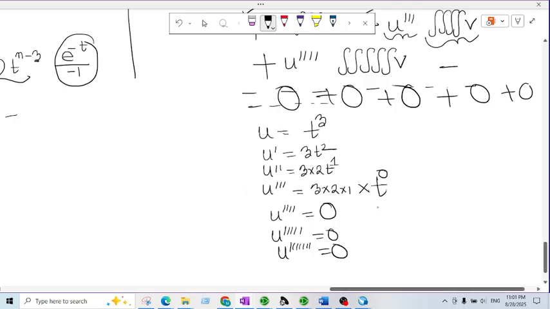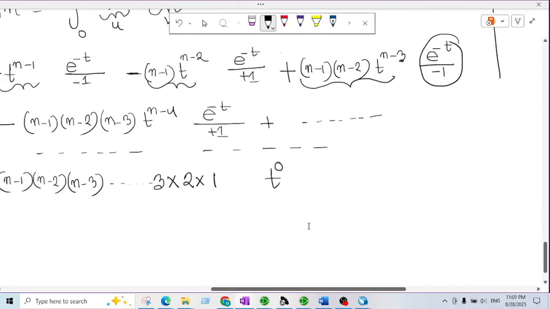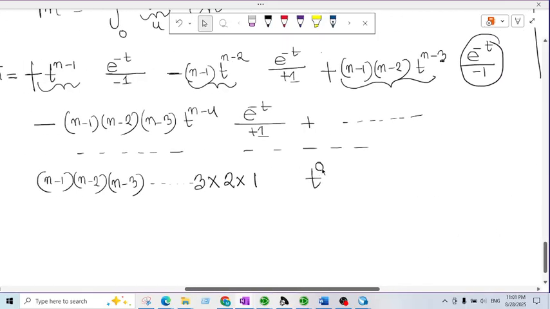Because you have 1 here, and if you minus 1 you will get 0. So we can write here t to the power 0, and then you will write e to the power minus t, and here might be plus 1 or maybe minus 1. Let's examine what the sign will be here.